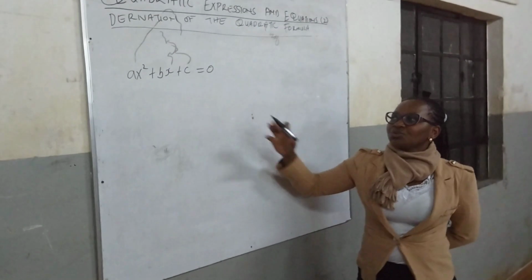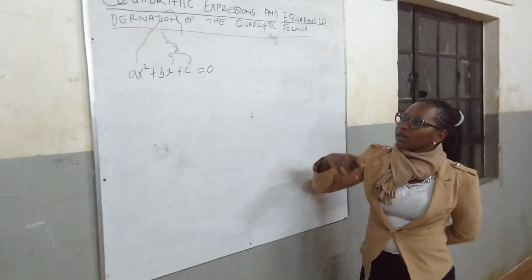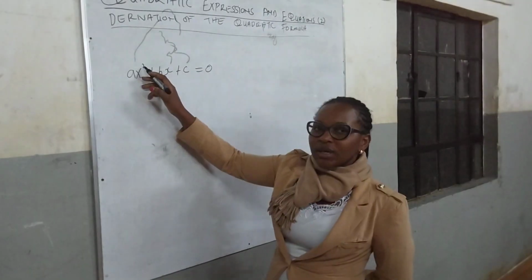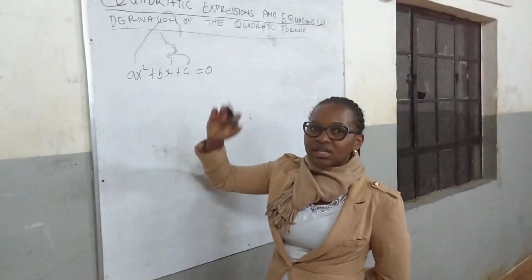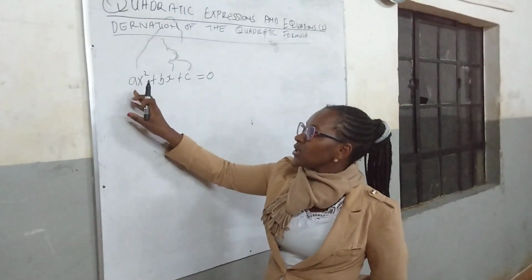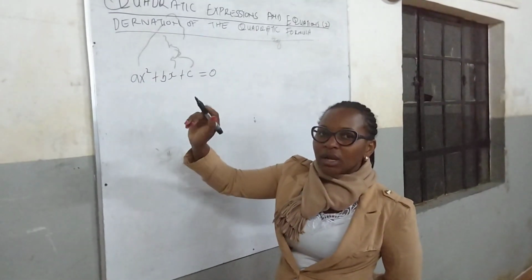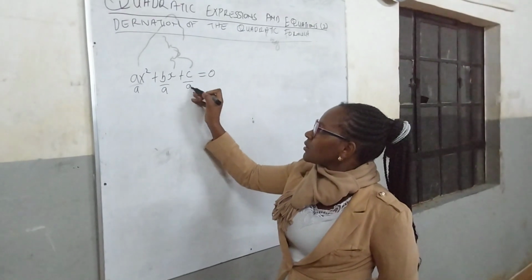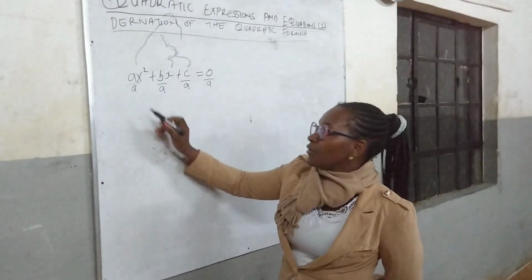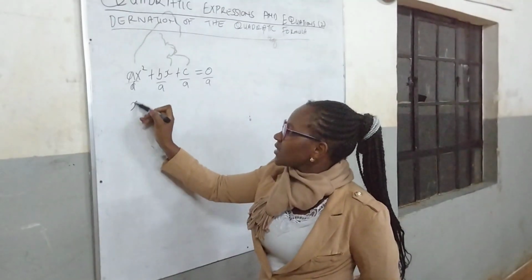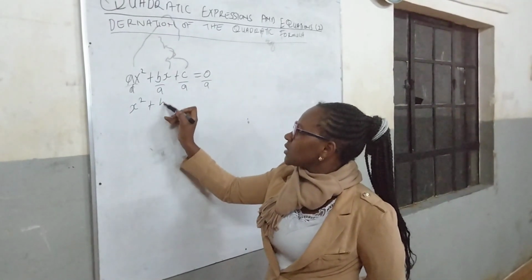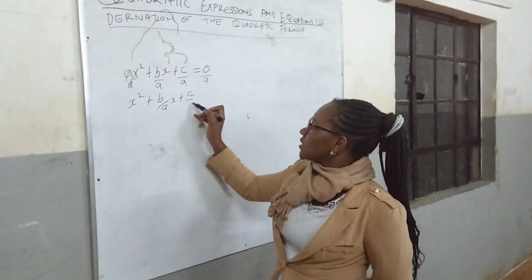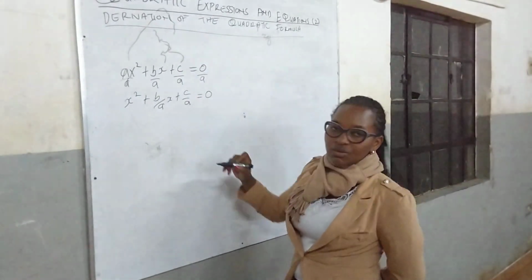In this part, we are going to just follow the steps that we have done earlier. The coefficient here of x squared is a, and we said that the coefficient of x squared must be 1. So we are supposed to divide by a across. Here we'll be having x squared plus b over a x plus c over a is equal to 0.